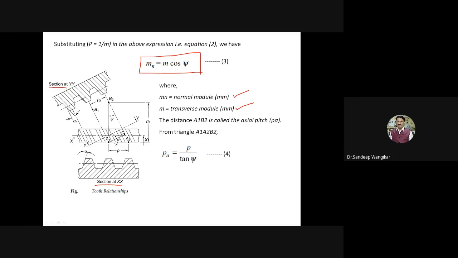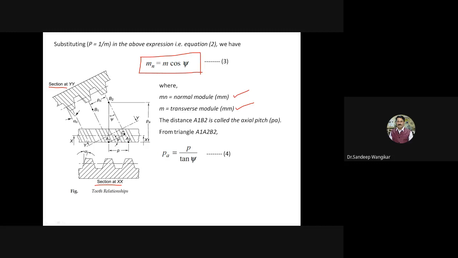So why are we doing all these things? Very simple reason. We have all the formulas for spur gear, force analysis, beam strength, everything, so we have to imagine the spur gear as a helical gear. If you see from the transverse side, you cannot imagine it because the teeth are cut at an angle.